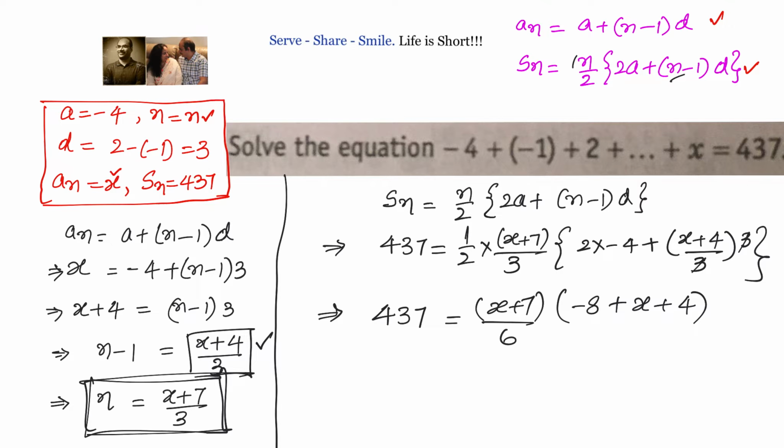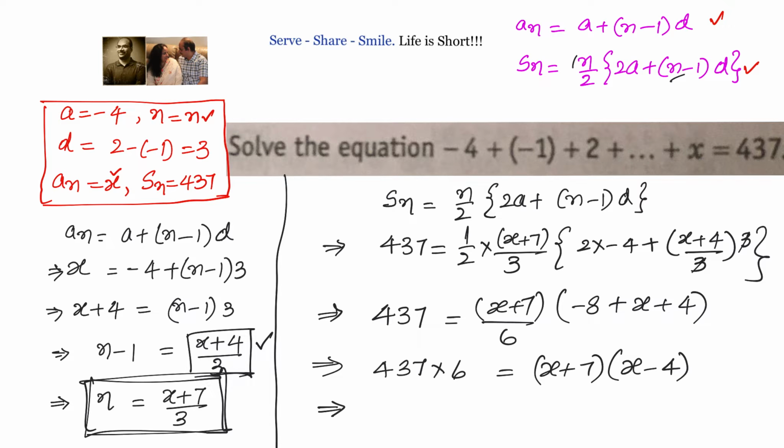In the next step, we can write 437 into 6 equals x plus 7 into minus 8 plus 4, which is minus 4. So x minus 4. We are going to get a quadratic equation.